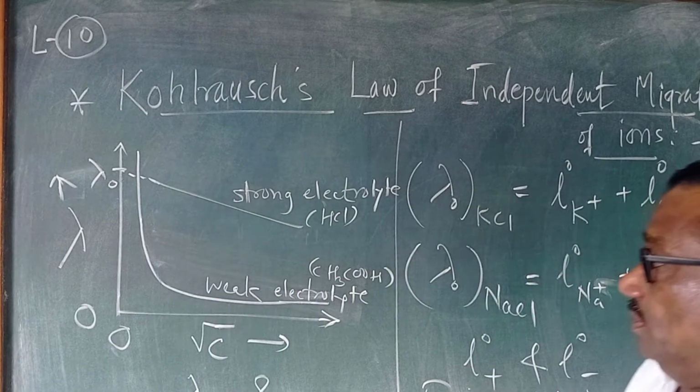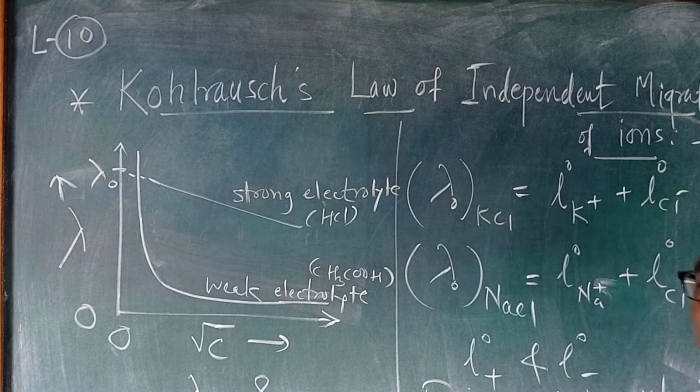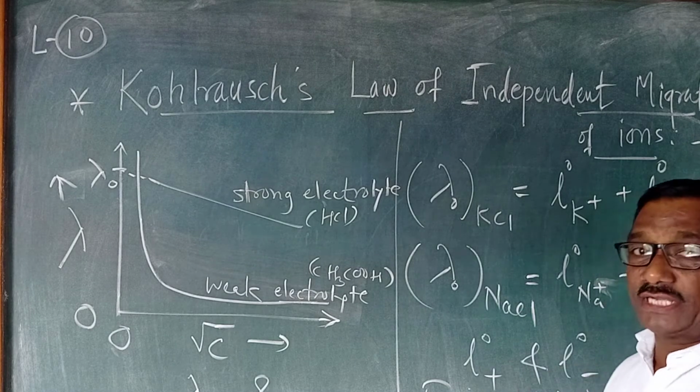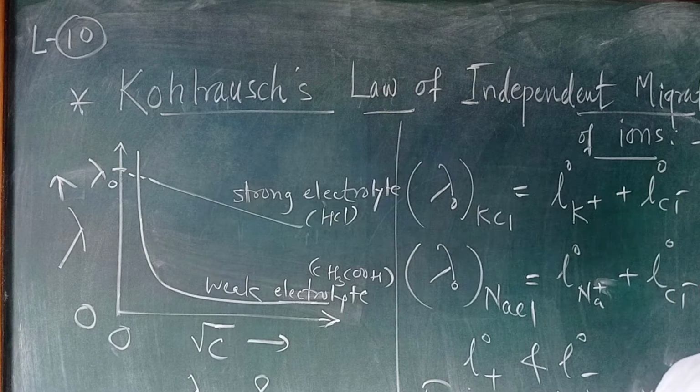Now, if you know the equivalent conductance at zero concentration for strong electrolytes, you can find the equivalent conductance for a weak electrolyte.